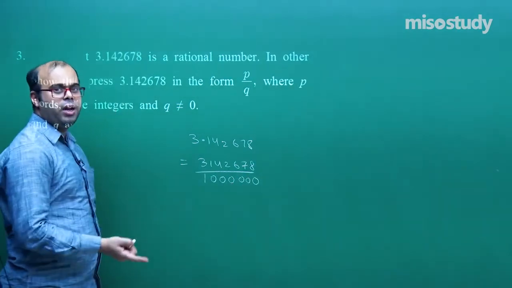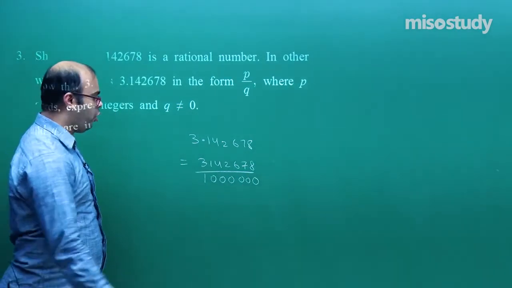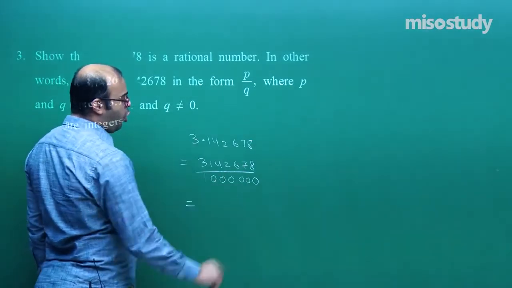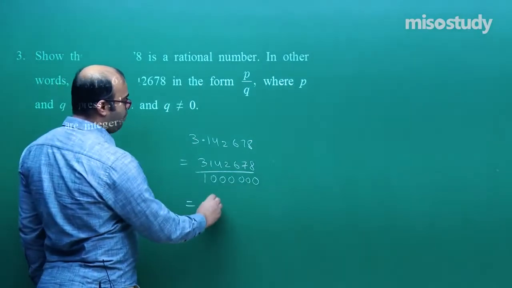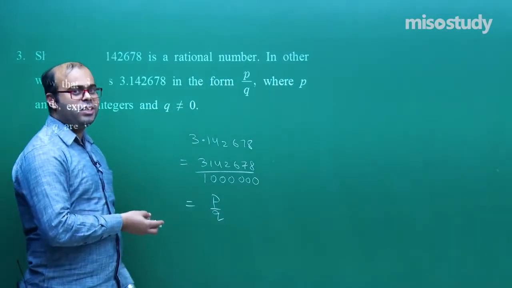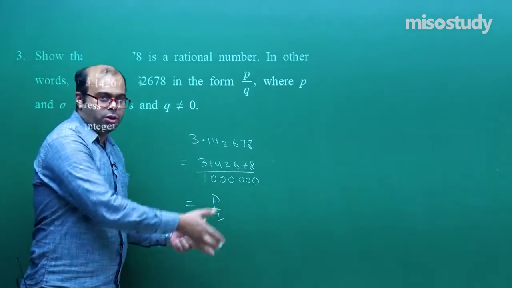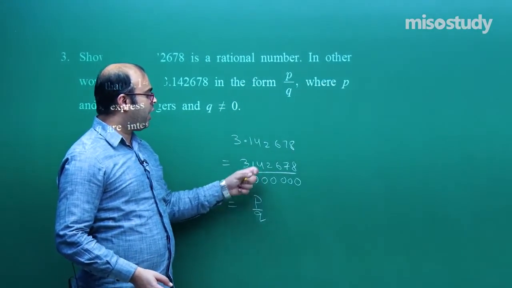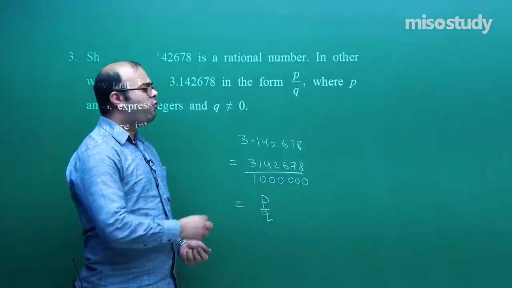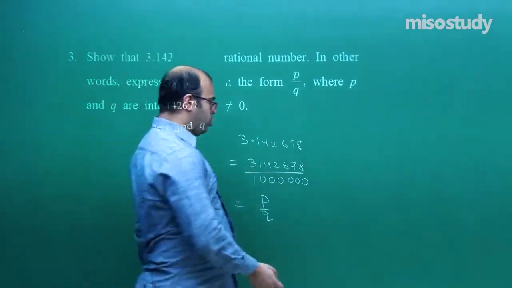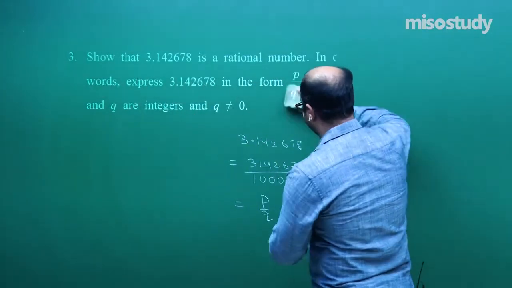We remove the decimal and put those many zeros in the denominator. Now we will divide by a common term and we get a form p by q, and we can leave it as it is also, because this can always give us a reduced term. Okay. So we can reduce it. Of course, both are integers and q is not equal to 0. Further, the common factor we can reduce it to the simplest form. So it is a rational number.